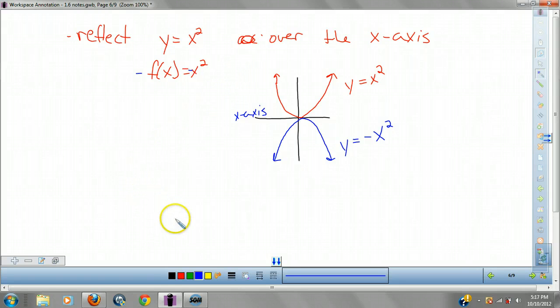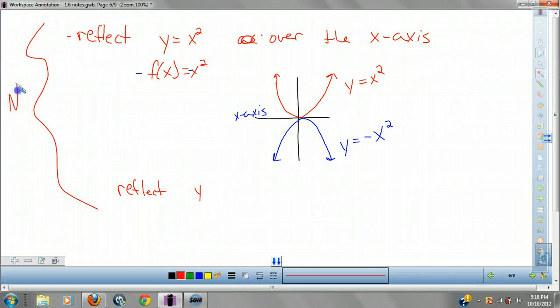Now let's do the same thing. By the way, guys, noteworthy for sure.